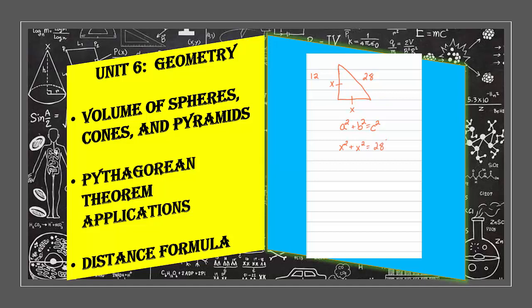Now we'll simplify or condense. x squared plus x squared is 2x squared equals 784. We will divide both sides by 2, and x squared is equal to 392.